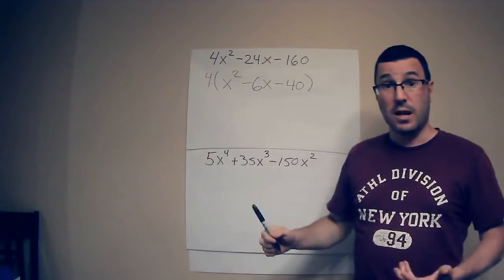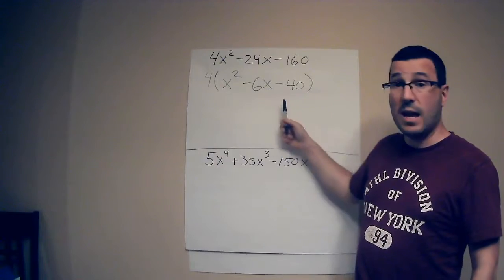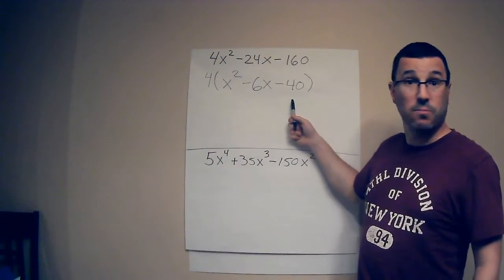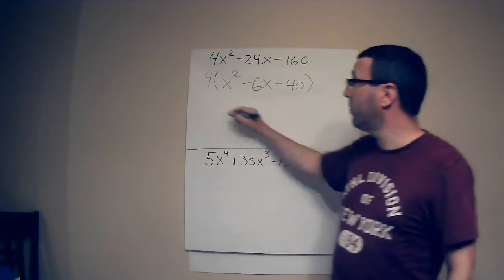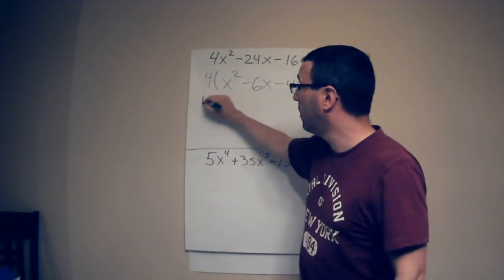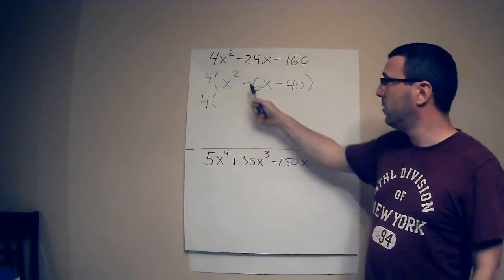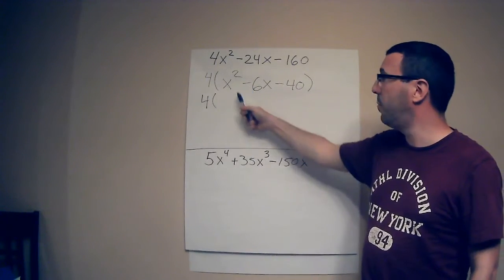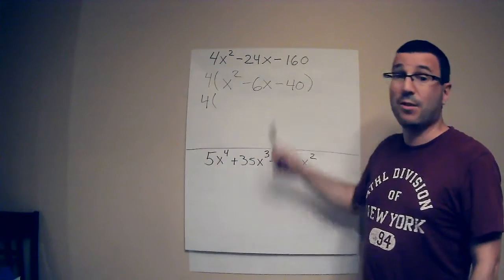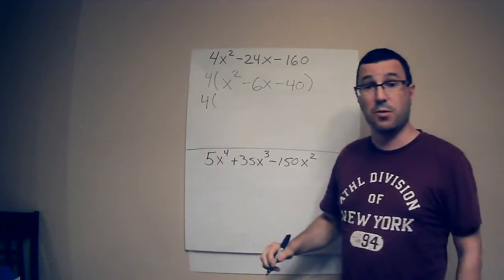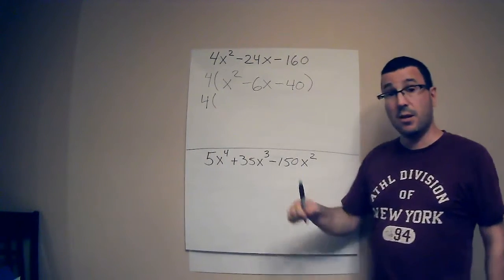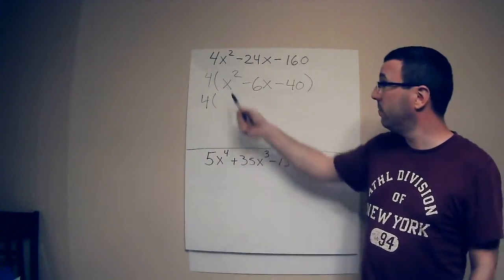Okay, so again, I'm going to double check. Do I have any greatest common factor here? No, I do not. So, difference of two squares? Well, I have difference, but again, I have 3 terms, so it can't be difference of two squares.